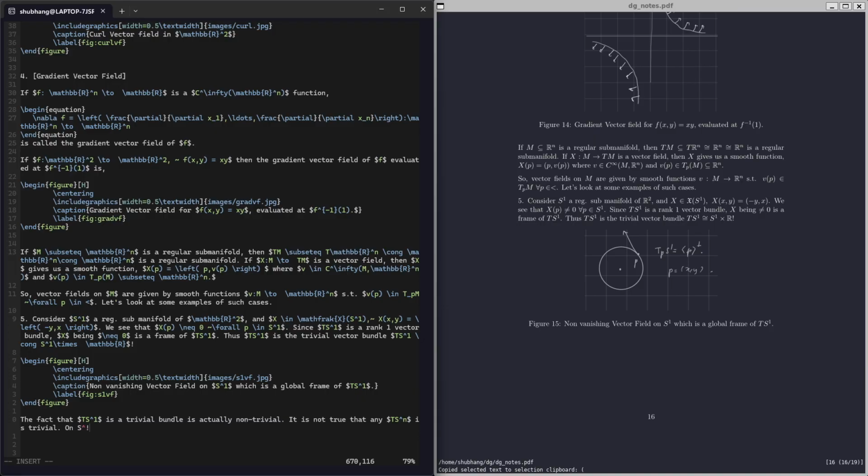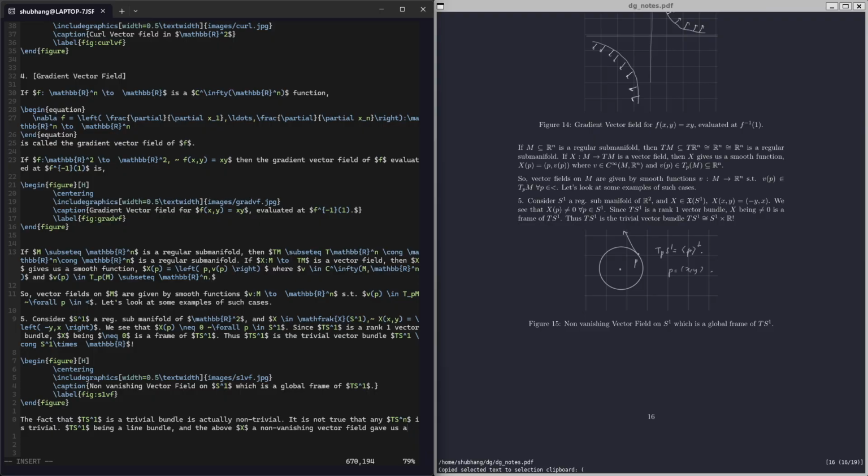On S1, TS1 being a line bundle, and above X a non-vanishing vector field gave us a local frame.